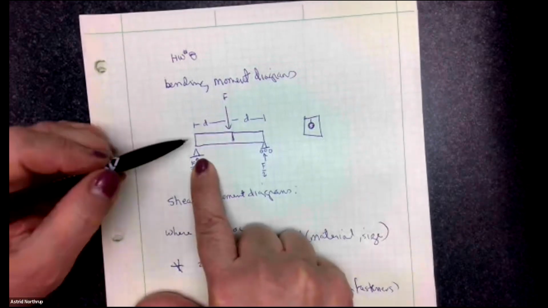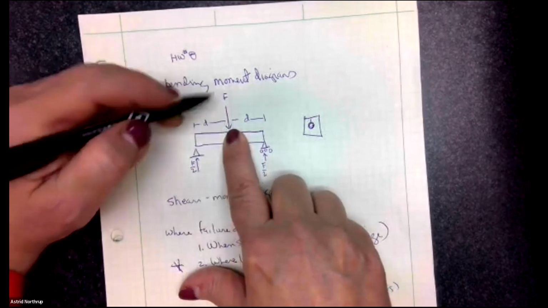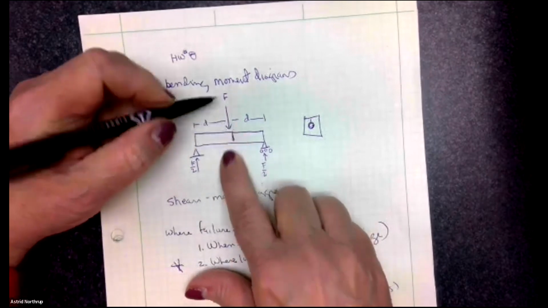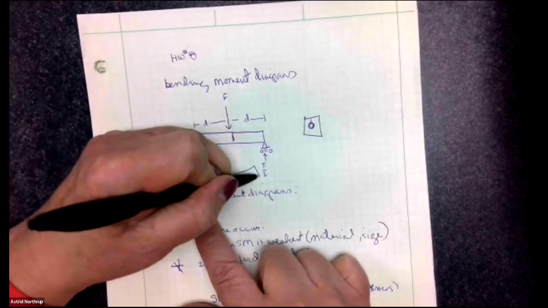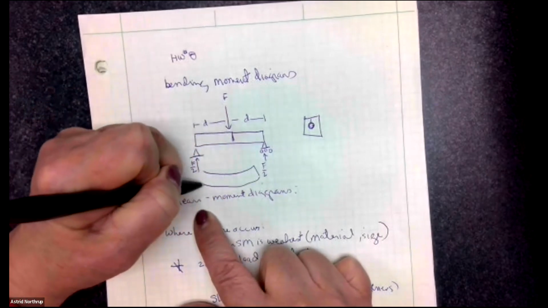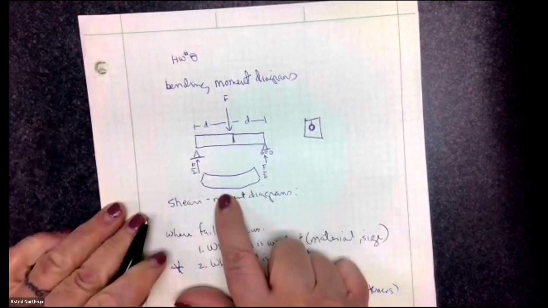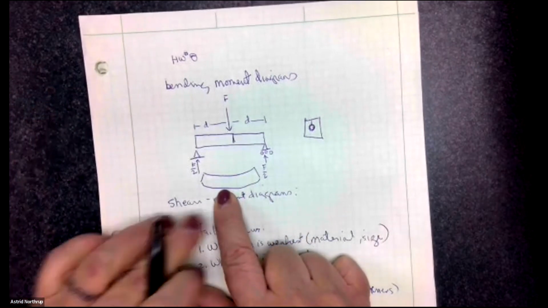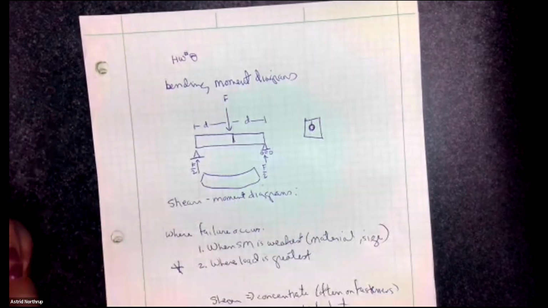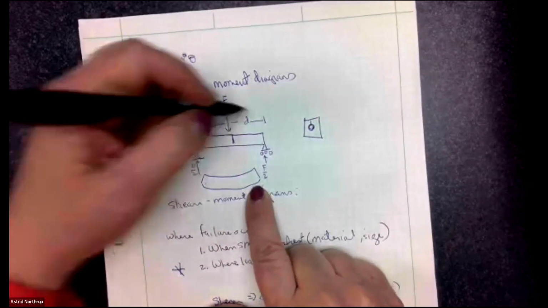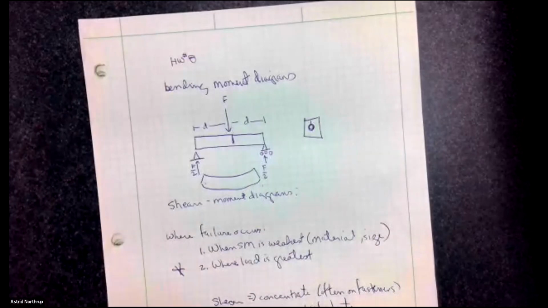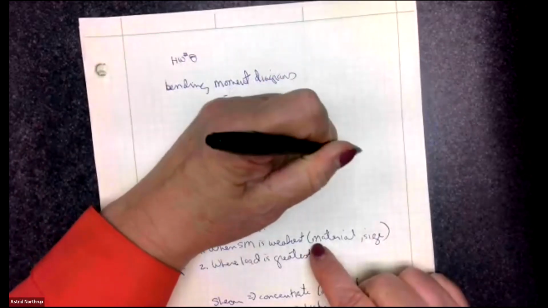Now, if you look at something like this, if you push on it right here, what you can see is that, greatly exaggerated, this sort of loading configuration would make it into, like I always like to say, a smiley face. So it'll bend this way. If you had it loaded the opposite way, it would bend this way.